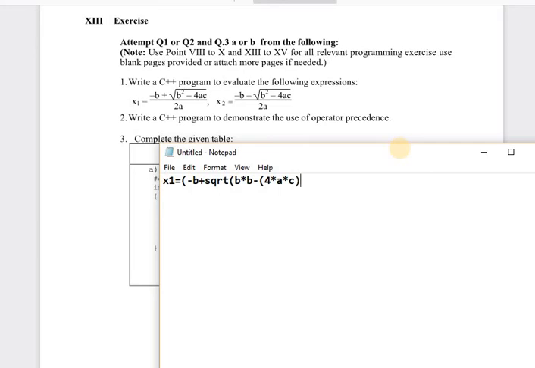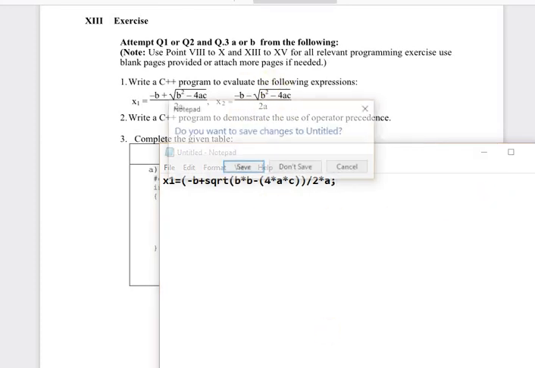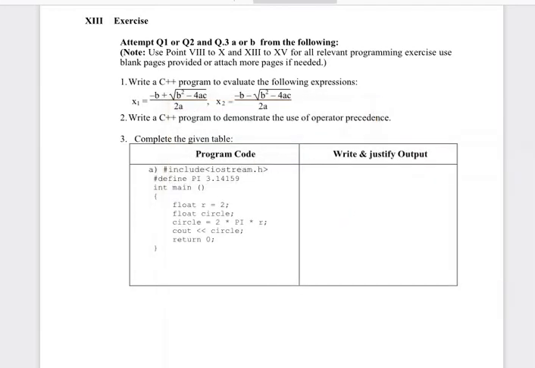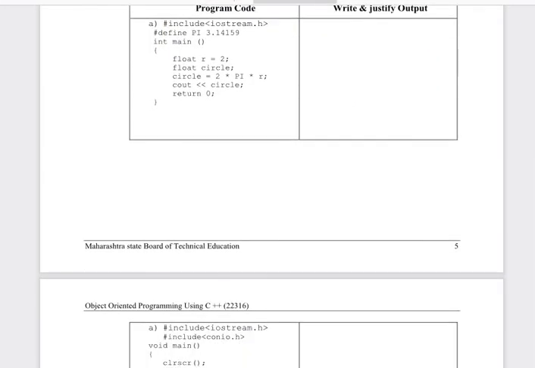The square root bracket complete, whole bracket complete, divided by 2 into a. Like this you have to write for this equation again. Now we will see the next question.